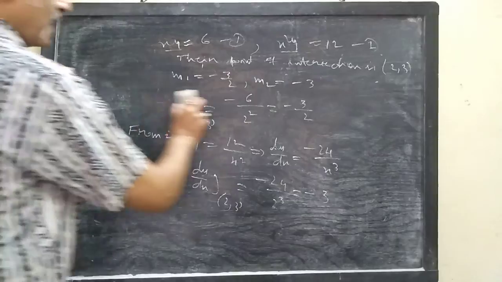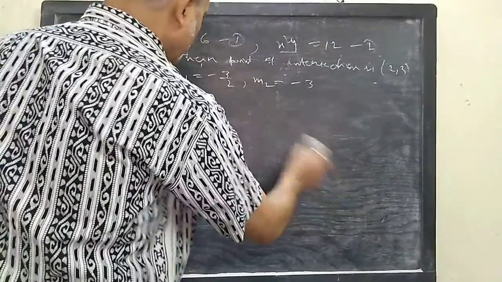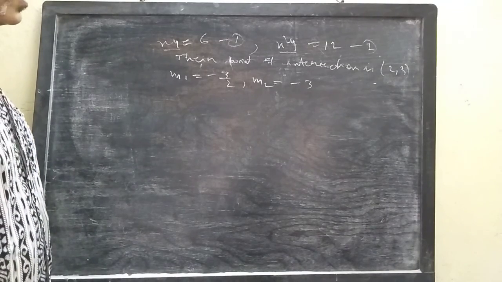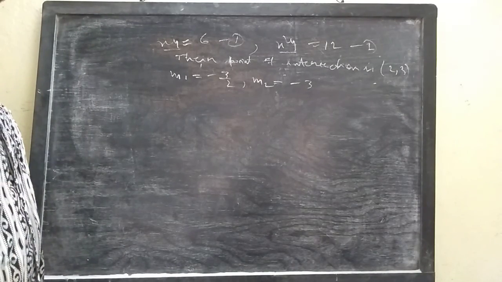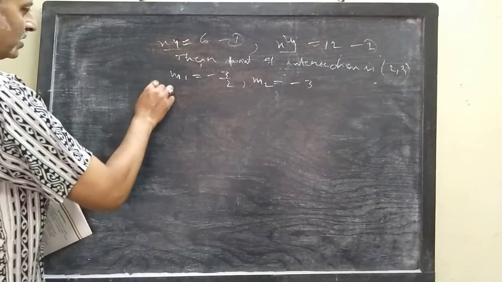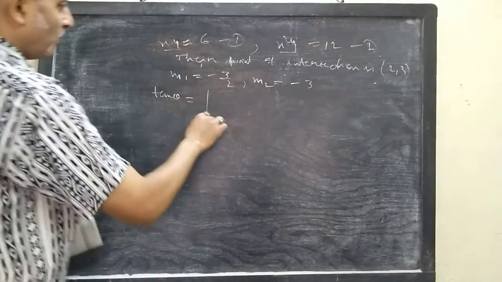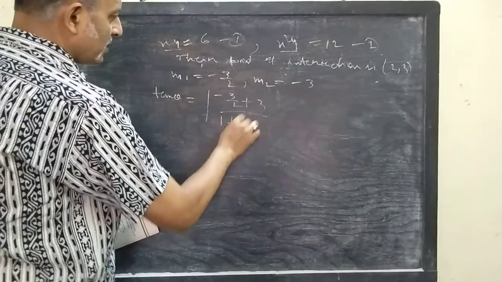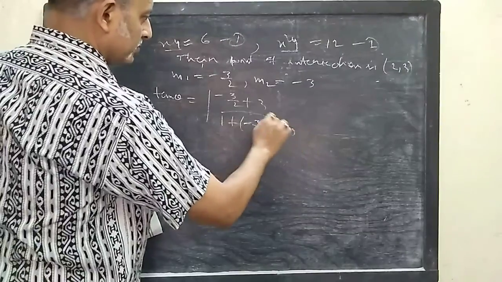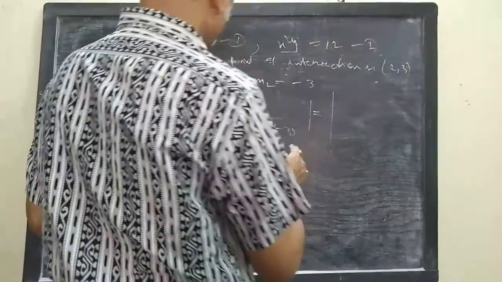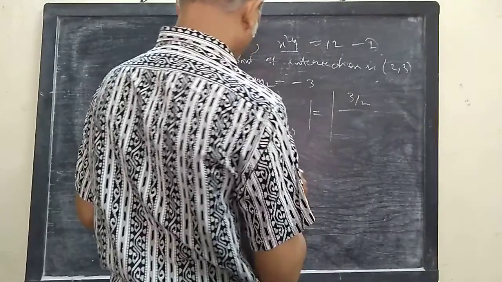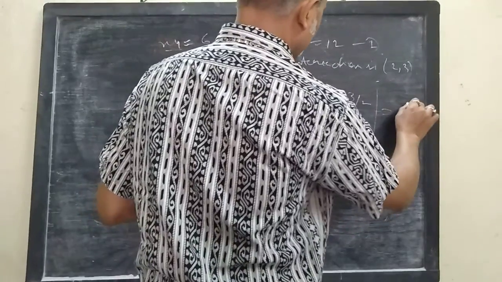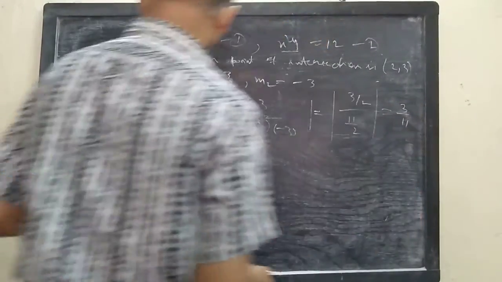Now we have to find the angle between them. So write down, let theta be the acute angle between the tangents to the curves 1 and 2 at their point of intersection (2, 3). Then tan theta equals mod of (M1 minus M2) by (1 plus M1 M2), equals (3 minus 3 by 2), that means 3 by 2, over (1 plus 9 by 2), that is 11 by 2, that is 3 by 11.